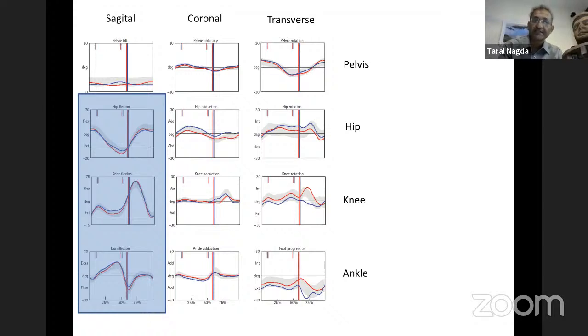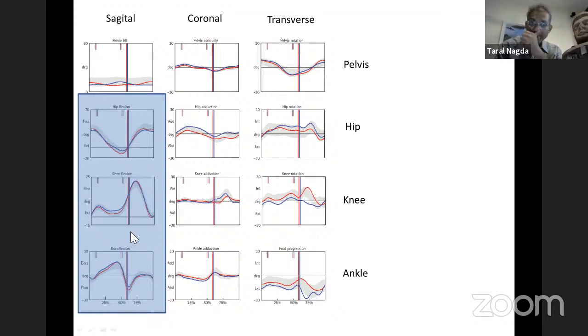Now, one must realize that among these 12 graphs, what we see when we do a 2D or visual gait analysis is only these 3 graphs. The graphs which we see as the sagittal graphs in hip, knee, and ankle, they can be seen by eyes. Other movements are not seen by eyes very clearly, and that's why it's important to look at all the graphs together.